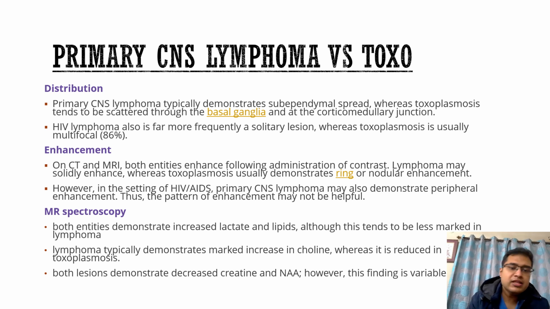On CT as well as on MRI, both entities enhance following administration of contrast, but lymphoma may enhance solidly, whereas toxo usually demonstrates ring or nodular enhancement. Then comes MRS. Both entities demonstrate increased lipid lactate, although this tends to be less marked in lymphoma. And lymphoma typically demonstrates a marked increase in choline, whereas it is reduced in toxo.